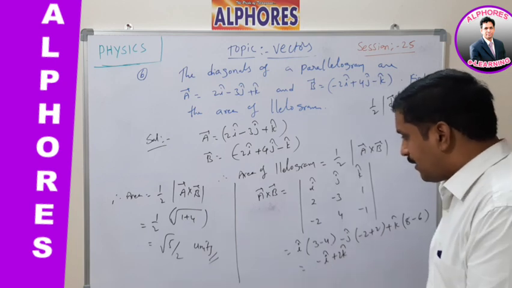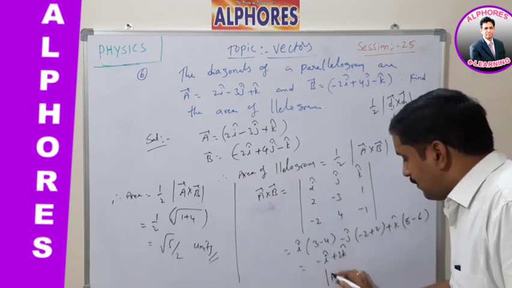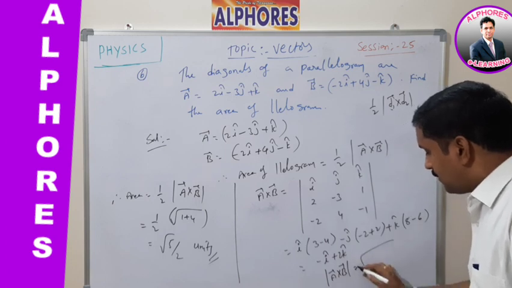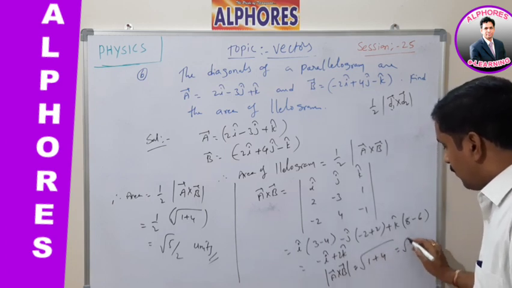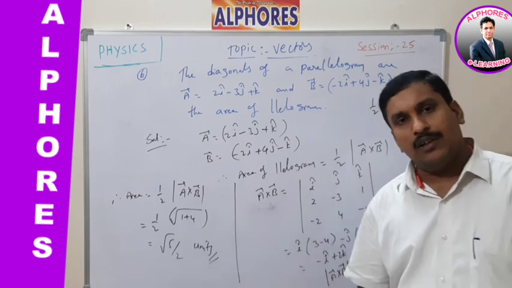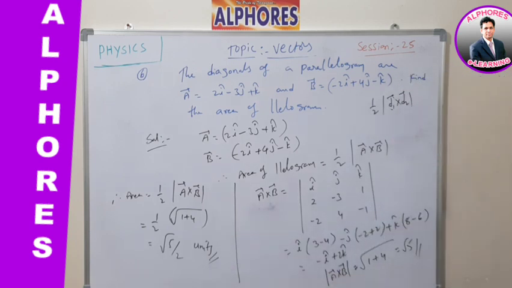The modulus is under root of 1 plus 4, that means root 5. So the answer is root 5 by 2 units. Now, you have to write down this question.